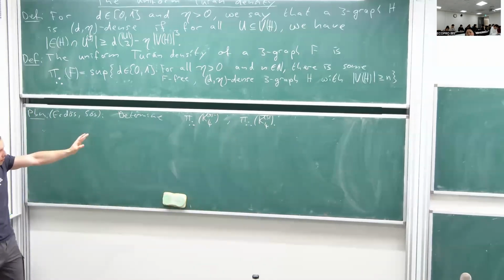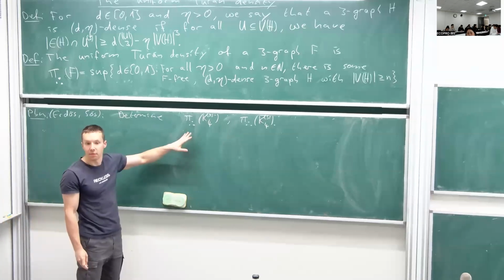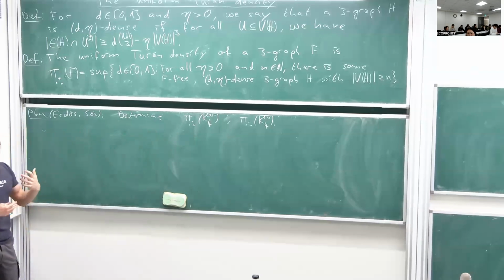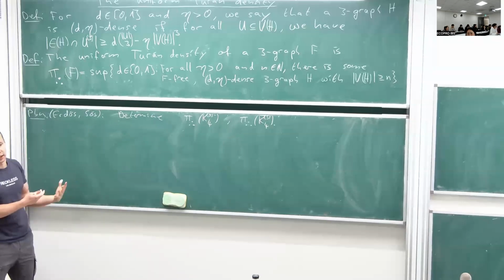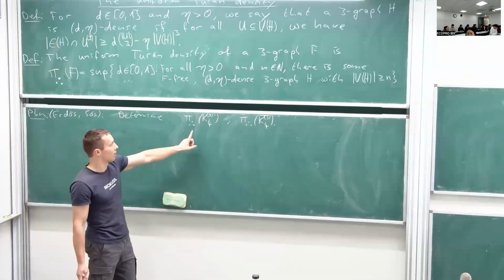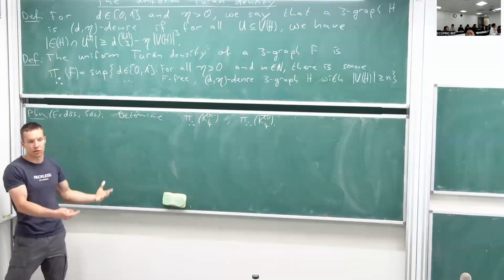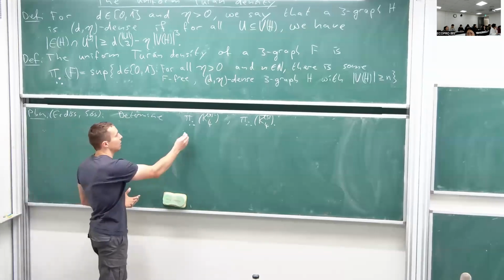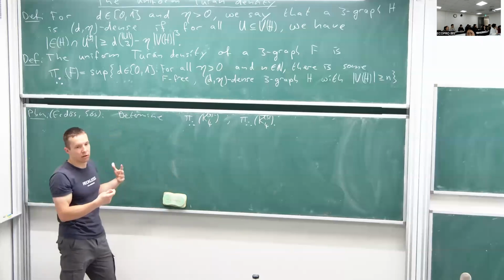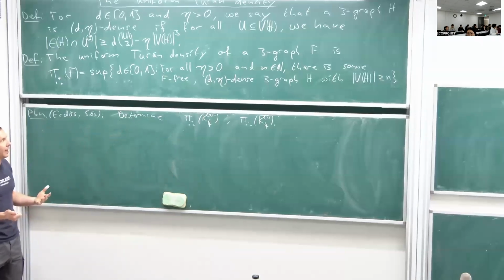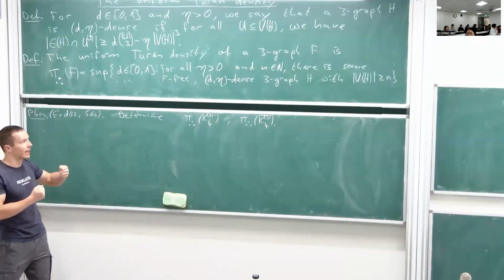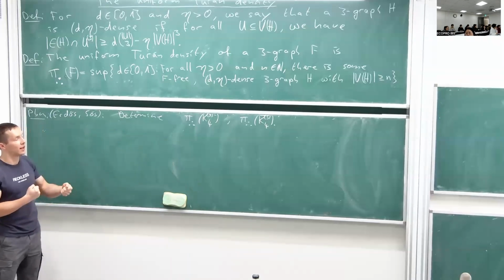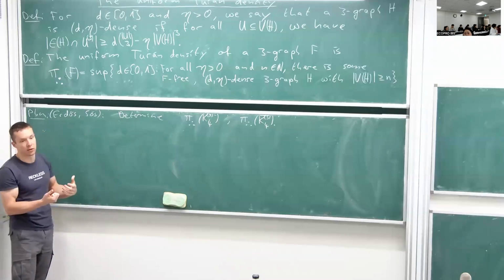On the one hand, the idea was that maybe if we cannot do it for the normal Turán density, where we don't have any additional restriction on how the edges are distributed, maybe we can determine the threshold for this uniform density because we have a much stronger condition. But by now, this concept has become interesting by itself, and it's not necessarily clear, given some specific F, whether it's harder to determine the codegree Turán density, the normal Turán density, or the uniform Turán density.